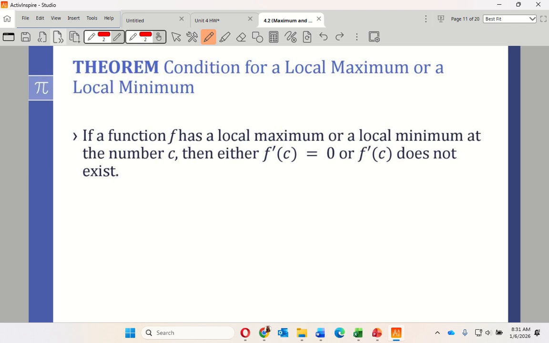Okay, local. If a function has a local maximum or a local minimum at a number c, then f prime of c is equal to 0, or f prime of c does not exist. Now, I'm going to draw an upside down parabola. My maximum is right there, right? What's the slope at that point?